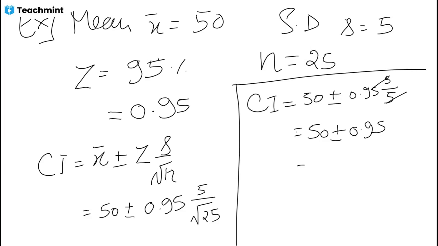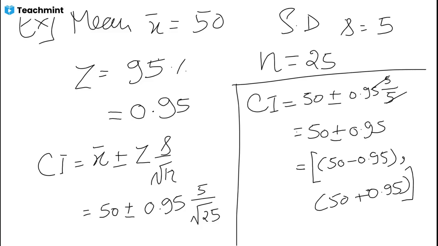So we can find the interval by taking negative and positive both values: 50 minus 0.95, comma, 50 plus 0.95. So we'll find a confidence interval.